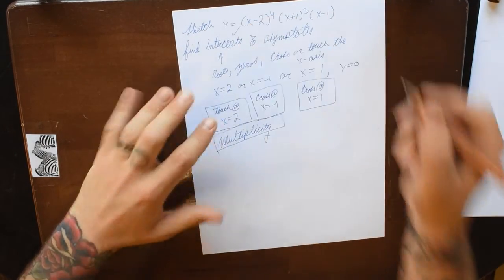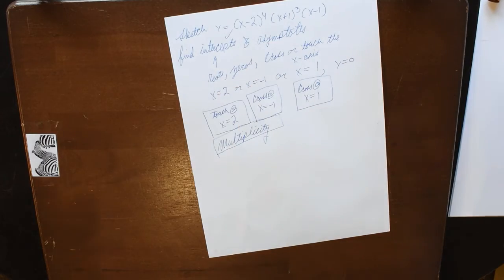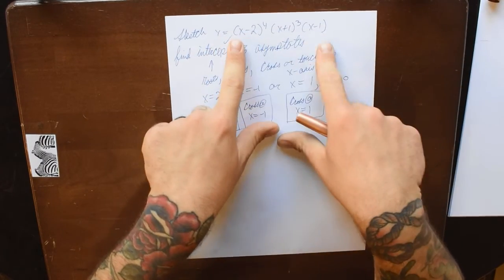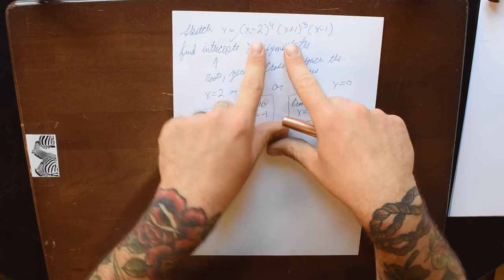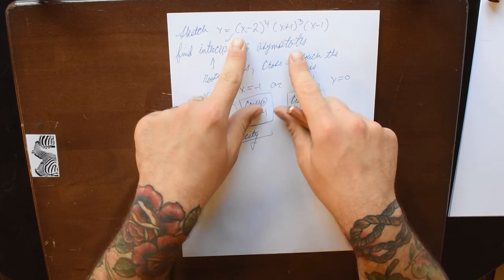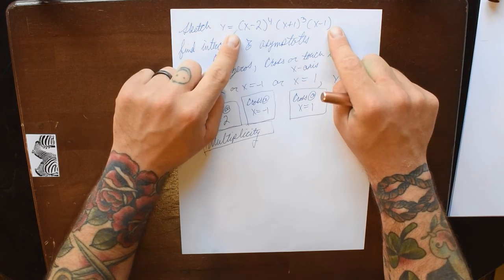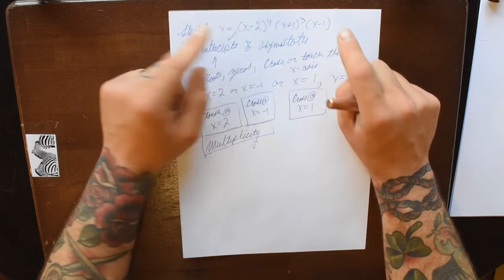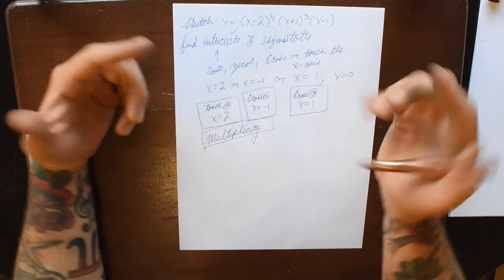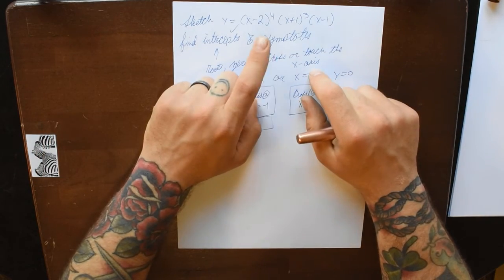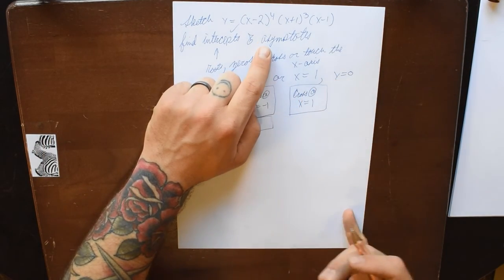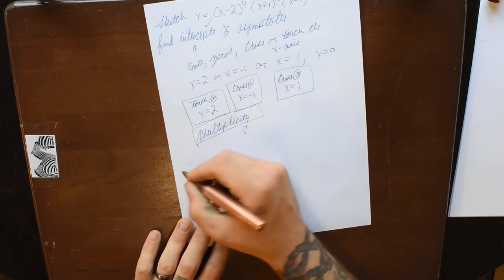Intercepts are done. Asymptotes. We've got a polynomial. We've got a boring, a plain, a beautiful polynomial. It's not a rational function. That means we're not dividing by anything. The domain of polynomials is all real numbers. The reason why I say that is because that means we are not going to have a vertical asymptote.